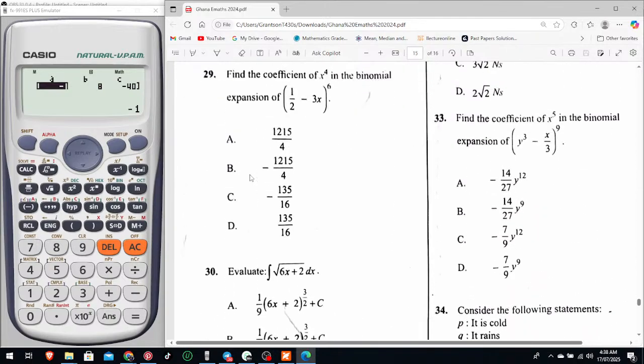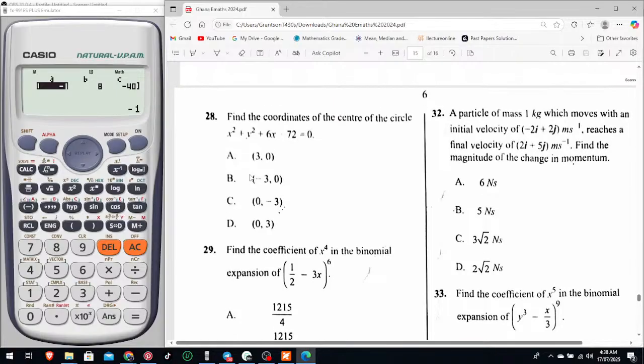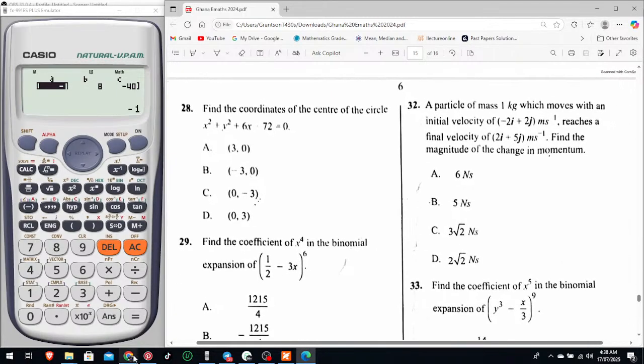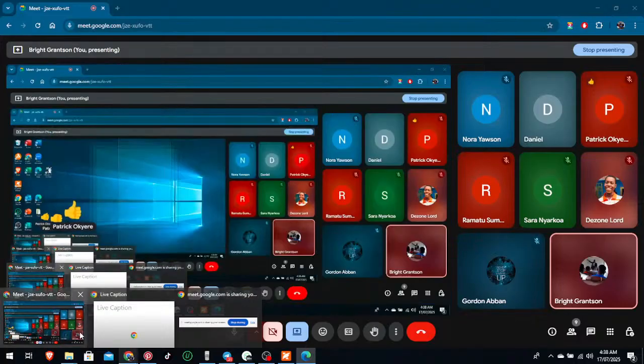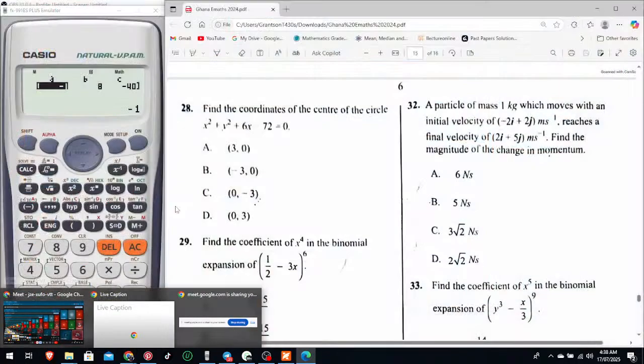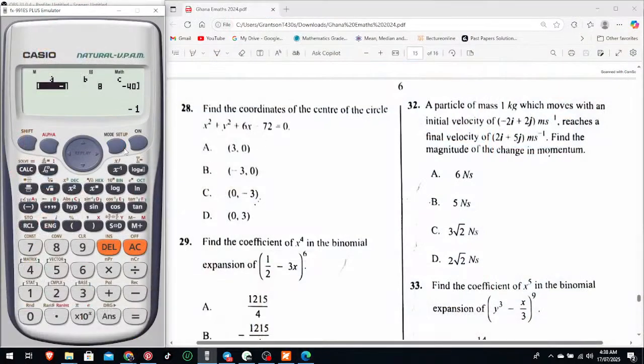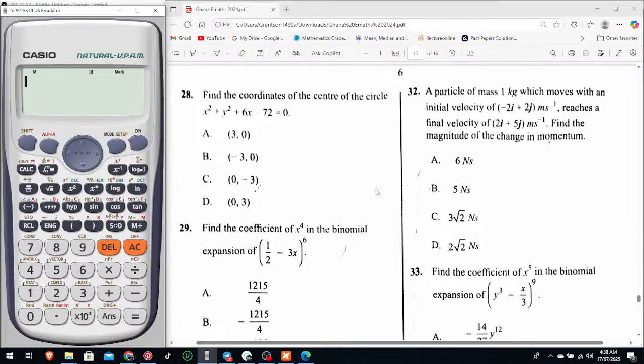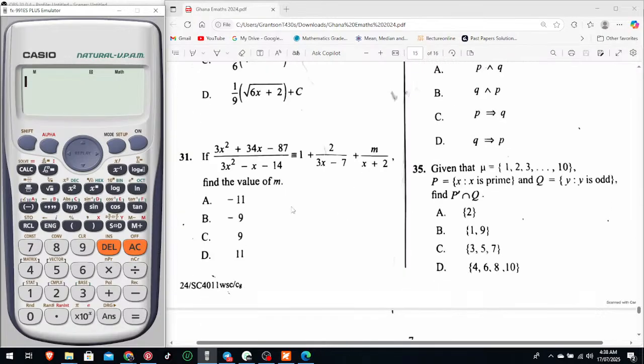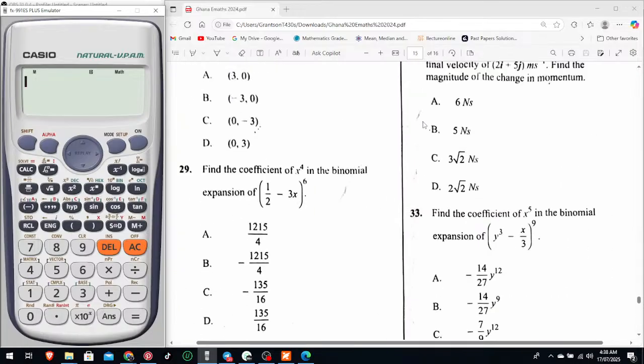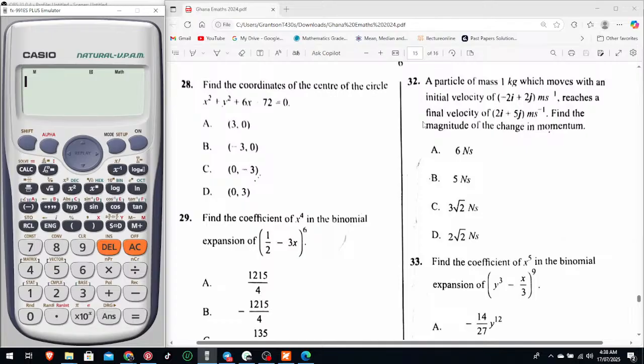Hey, are you there? Yeah, I see here. Okay. So it seems yesterday we ended here. This was the last question that we did, right? So let's continue with this one, question 32.